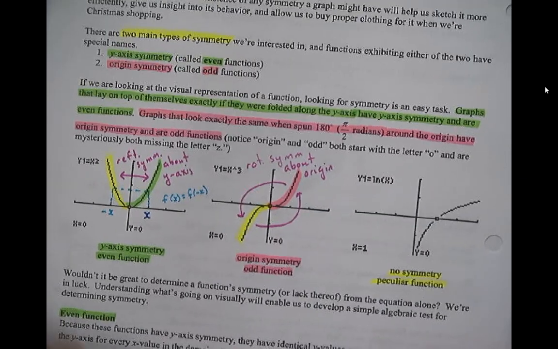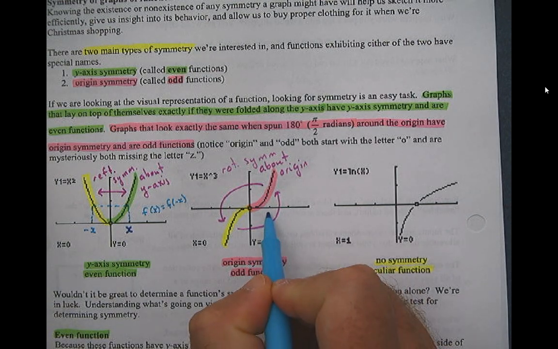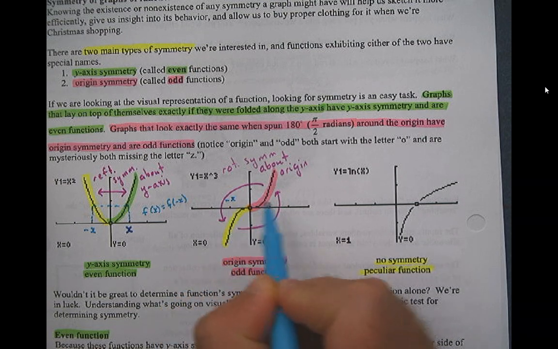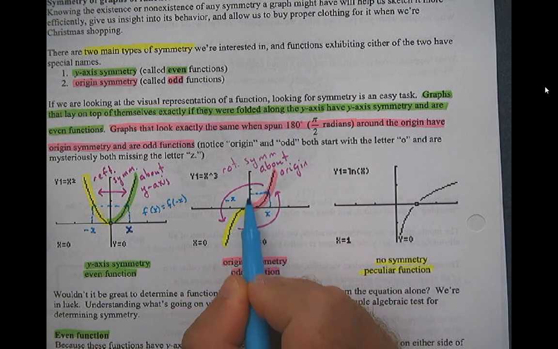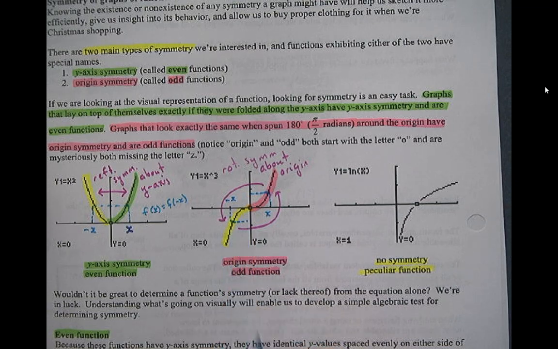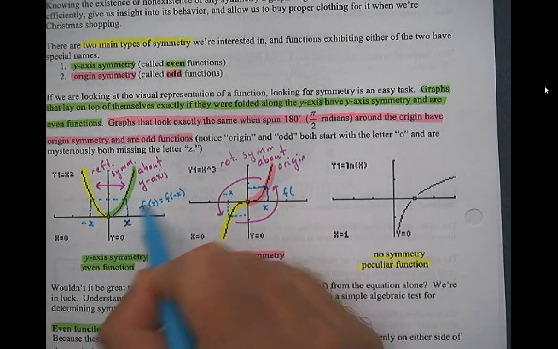How can we prove that odd functions are odd? Look at what happens to x and what happens to negative x. Here's my x value. Look how it's just below that tick mark. Look at my negative x value. It's just below the negative of that tick mark. So, my bad, I'm going to rewrite this one.